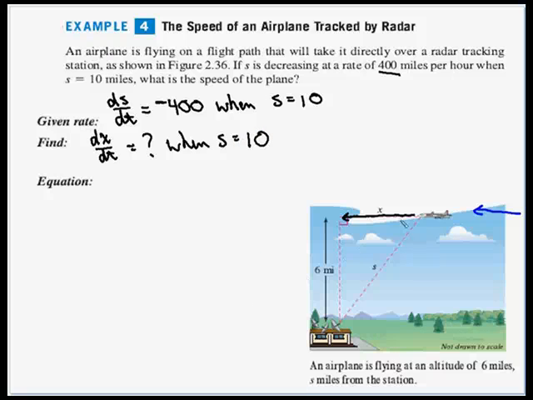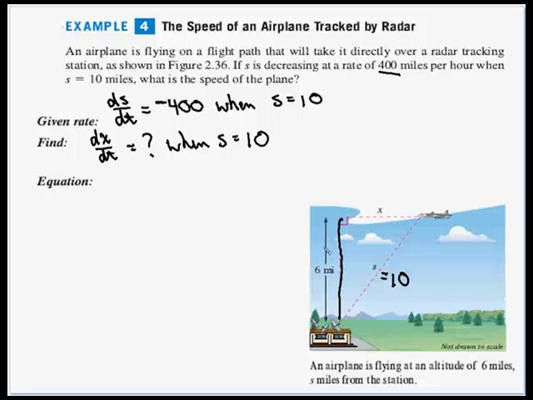That's a little twist, and you're going to see why a little later in the problem. Or actually, we could do that part right now. If we look down here at the picture, we see a right triangle. So our snapshot in time says S is 10. So the hypotenuse is 10. This side here is 6 miles. That is written in stone. It's never going to change. They're not talking about the plane going up or down. They're just talking about it flying a straight path over that radar station.